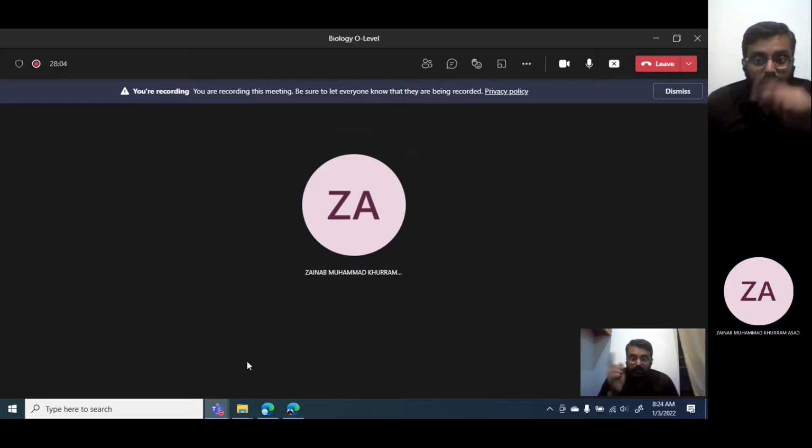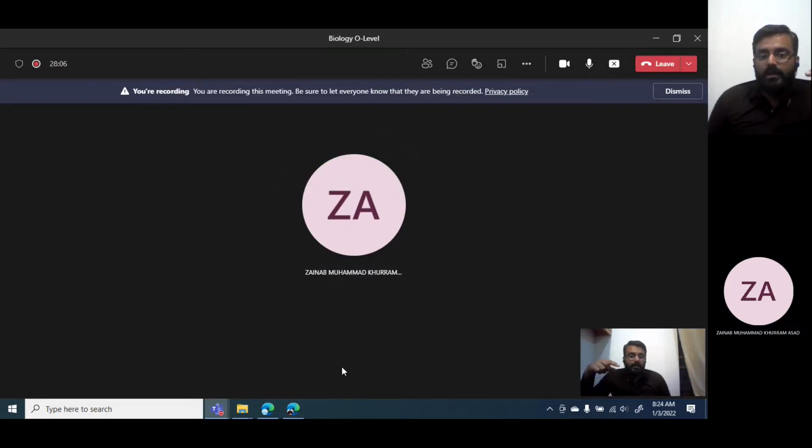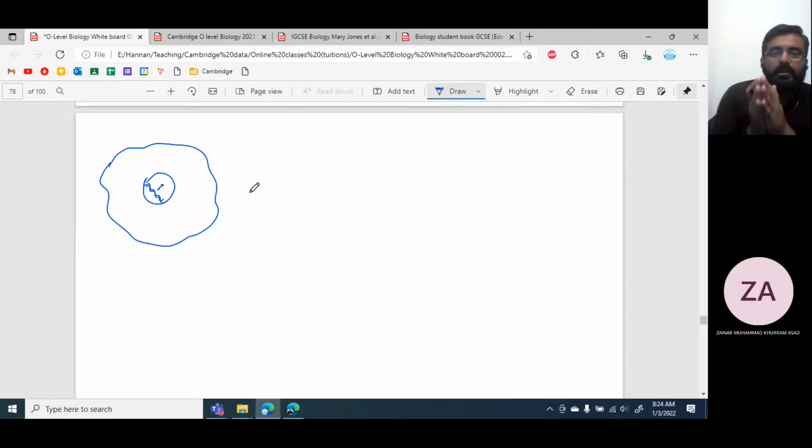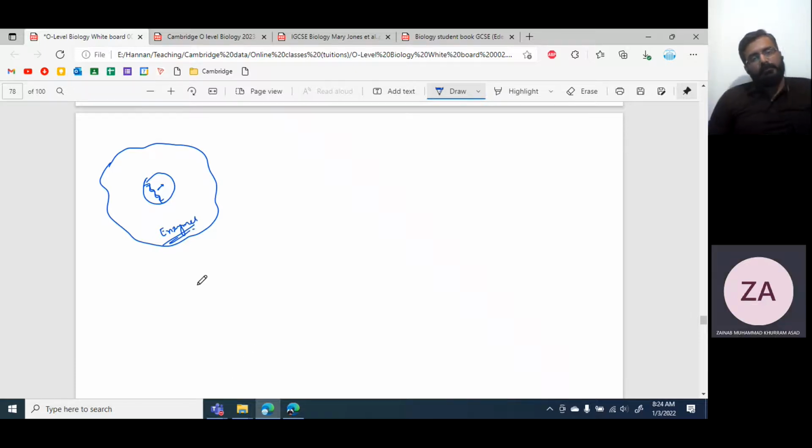I'm continuously using the word language. I will be very clear about it a few minutes later, but first we have to understand it completely. For example, this is the DNA. We want to create an enzyme. You know about the enzymes? Do you know about biological catalysts?